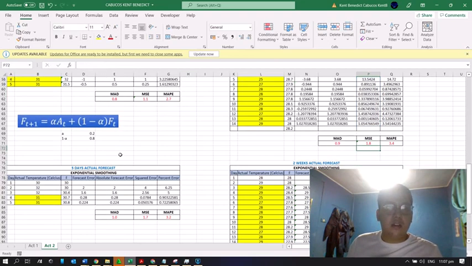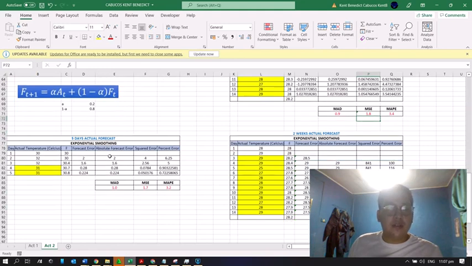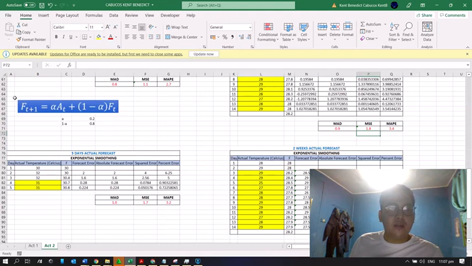so after that we're going to use exponential smoothing. For exponential smoothing, we're going to use this formula to get our forecast. Our alpha is 0.2. Our 1 minus alpha equals 0.8. For the forecast, for the first day we're going to copy the first day's actual data as the forecast.